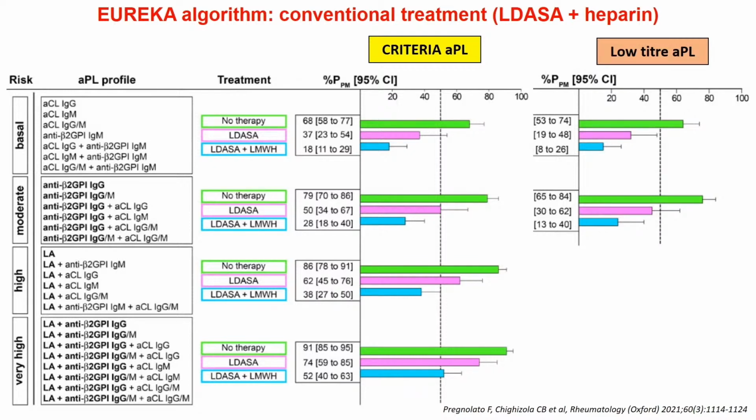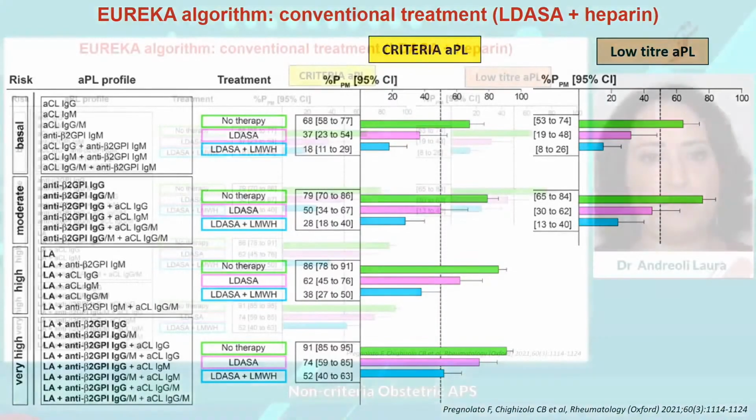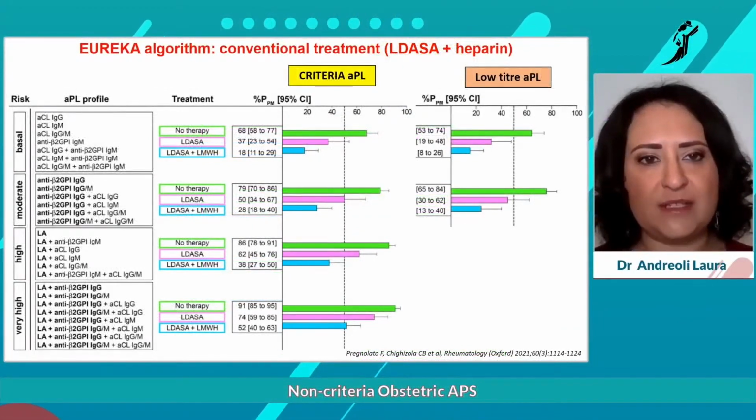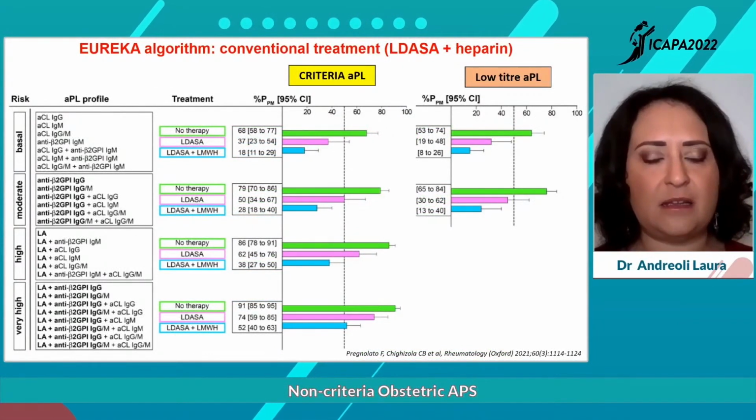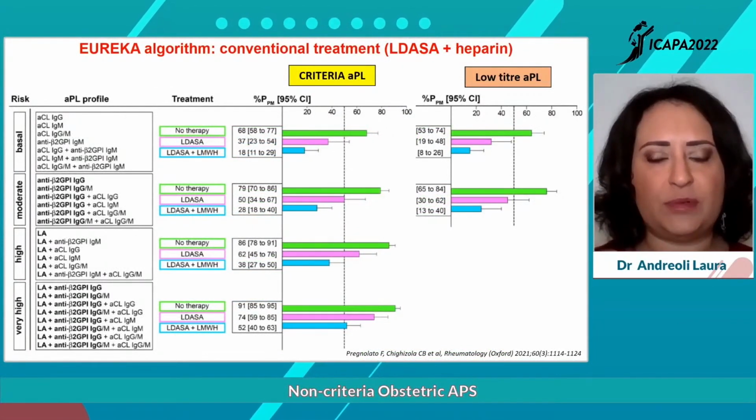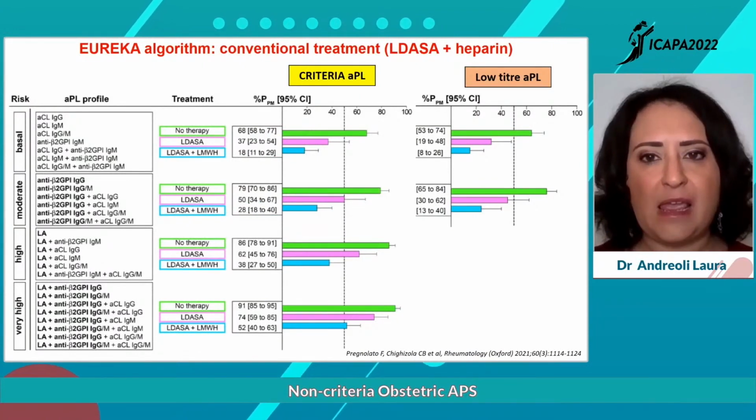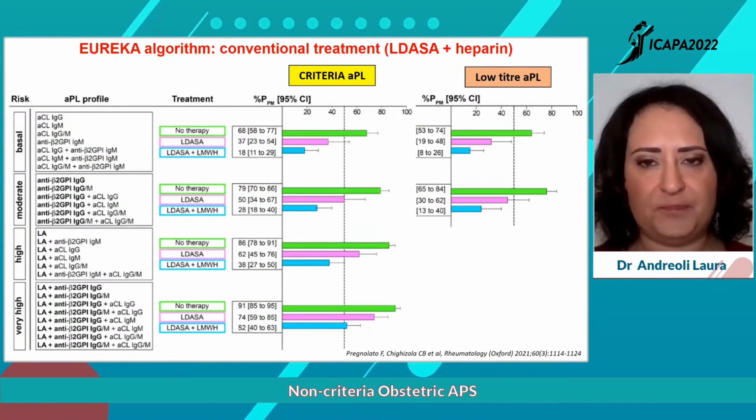So let's look at the chances for a good pregnancy outcome, for the reduction of pregnancy morbidity according to the treatment. So in green, no therapy, in pink, only low-dose aspirin, and in light blue, low-dose aspirin and heparin. And you see the dotted line.